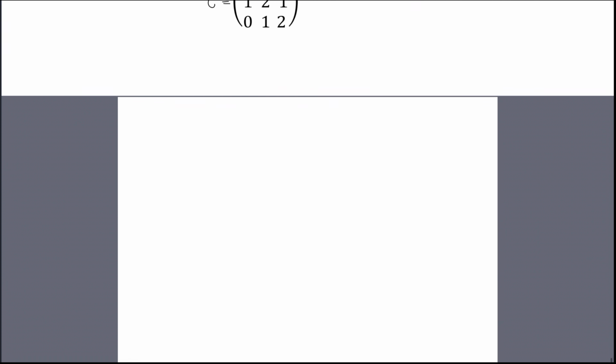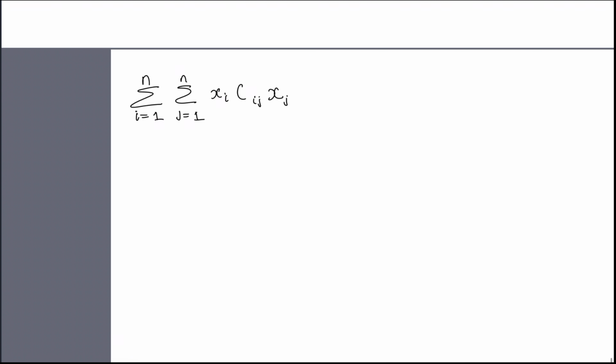So if we take a closer look at this, this can be written as our matrix C multiplied by x, and we're just going to take the ith entry, I guess, between C and this vector x.